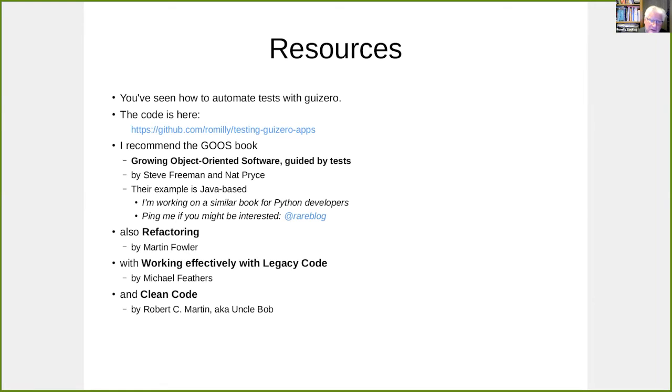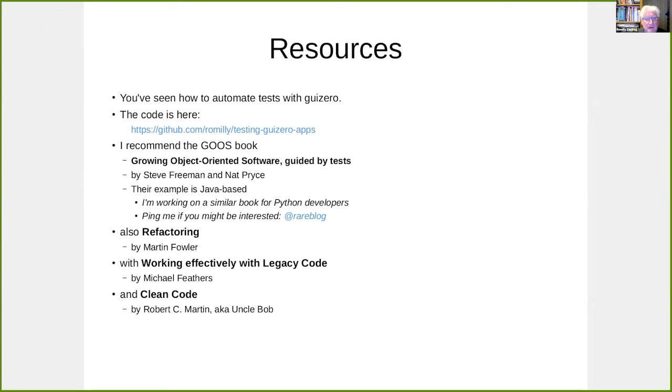I mentioned the refactoring book by Martin Fowler, improving the design of existing code. There's also an extremely useful book if you're confronted with the kind of situation that I was, which is you're given some code and it doesn't have any tests.